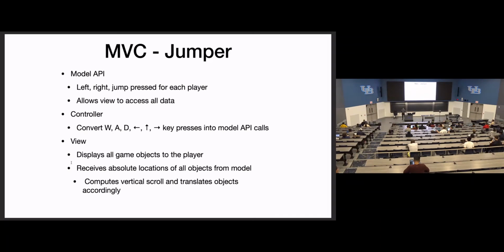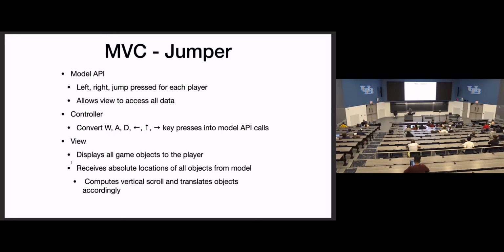In the jumper example that we saw, the model API was the button presses. Give me a player and tell me if they hit left, right, or jump, and that's it. That's all the model cares about. And then the controller had to be aware that there are two sets of inputs for two different players.